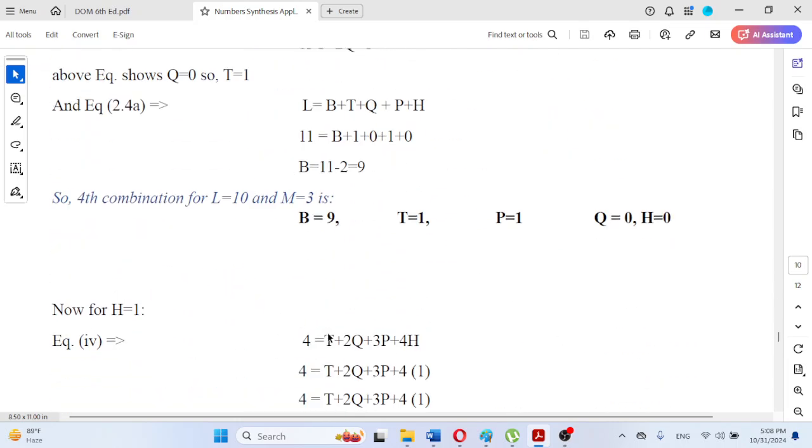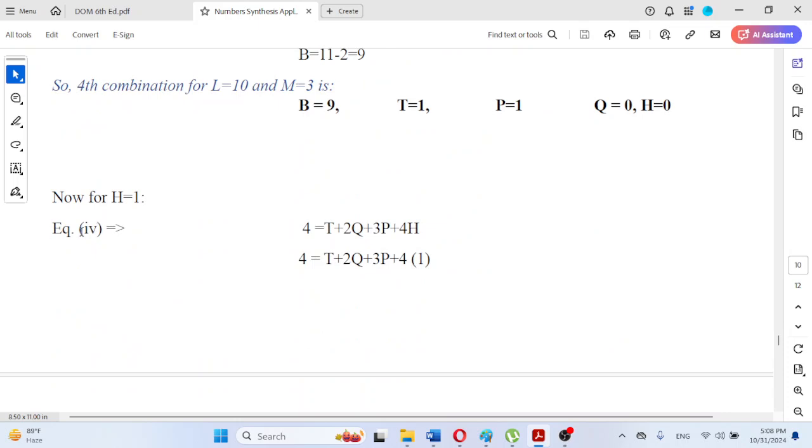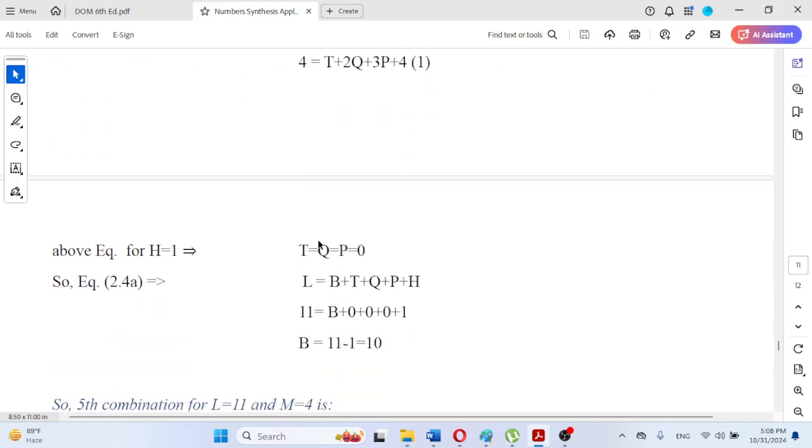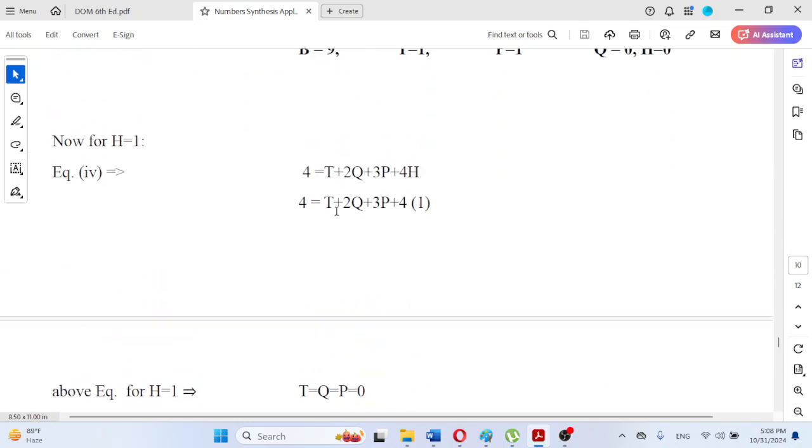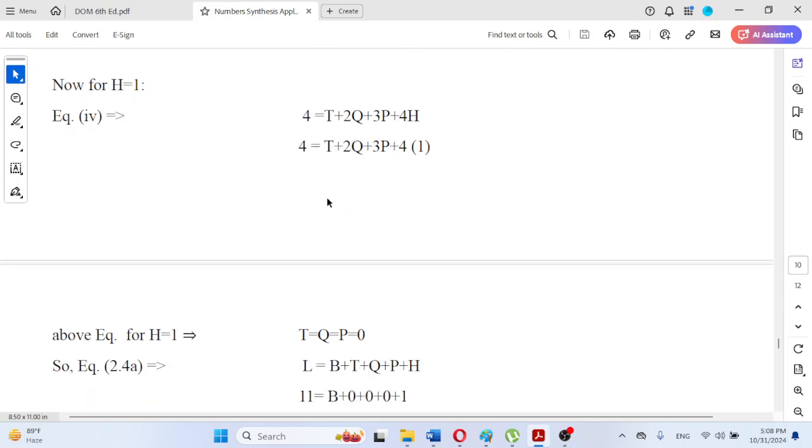So with h equal to 1, equation number 4 gives 4 equal to t plus 2q plus 3p plus 4h. So we can observe that t plus 2q plus 3p will be equal to 4 minus 4, which will be equal to 0. So the sum of t plus 2q plus 3p will be equal to 0.